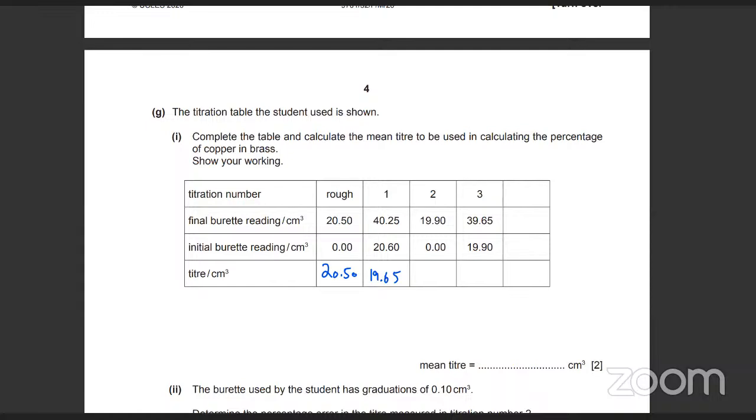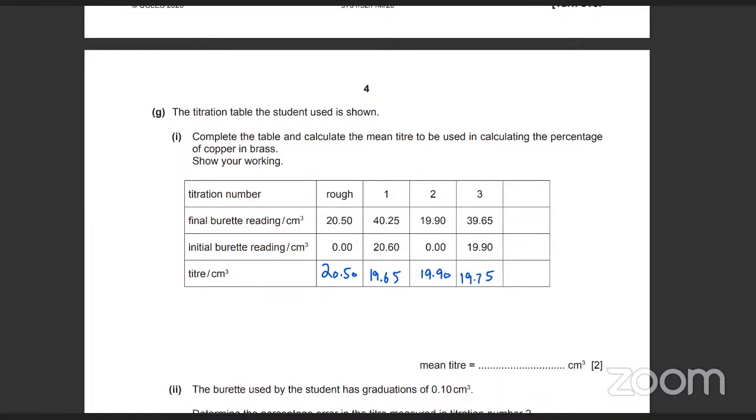What's the next one? 19.90. And then you have 19.75.